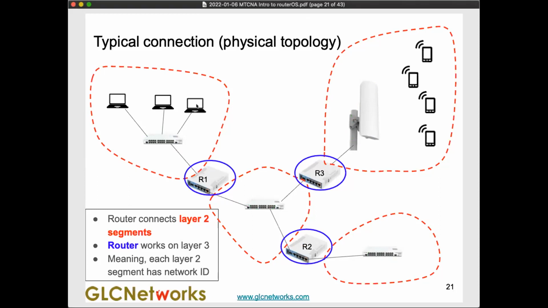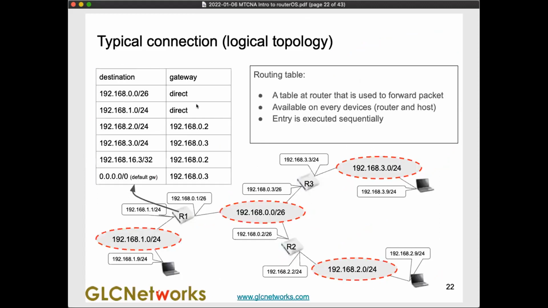From here, we move to the logical topology, which only focuses on layer 3. Here we only see routers and the subnets. We are routing traffic between subnets, including the internet. We don't know how many switches.